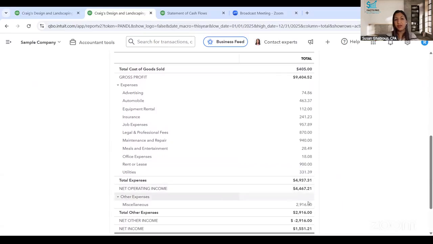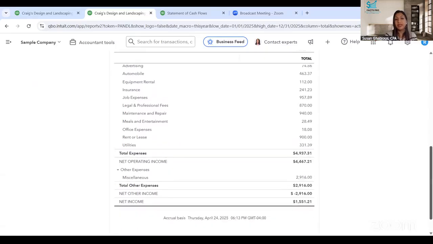And from there, you add and deduct your other income and expenses until you get to your net income. And you get to take a look here. It's profitable here. That means it's doing good, since this number is positive. In other circumstances, it could be a negative number.